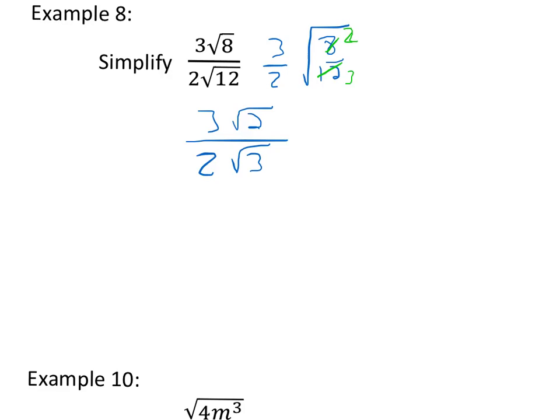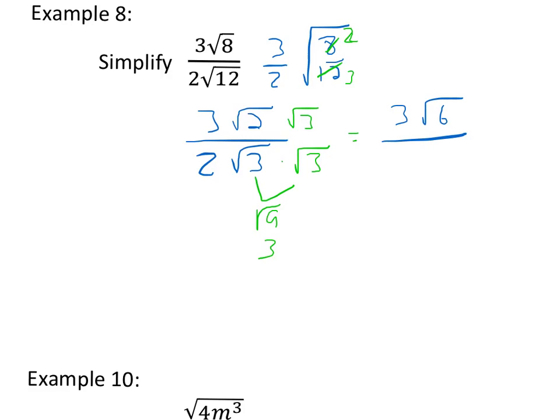Alright, now this is a problem. We cannot have a root in the denominator, so I need to rationalize it. And to rationalize it, I multiply by a factor that takes care of that. Now this works because root 3 times root 3 is root 9, which is equal to 3. So this is equal to 3 root 6.